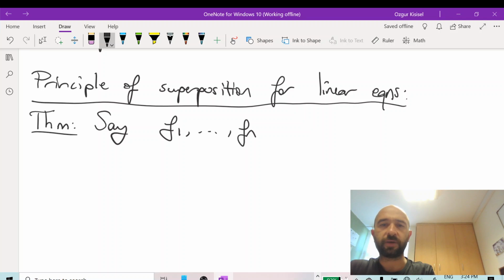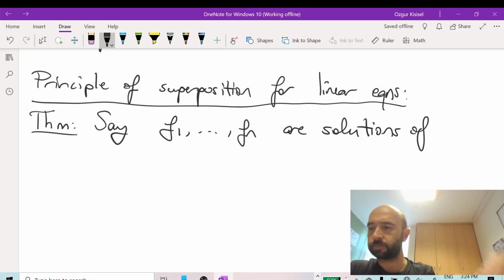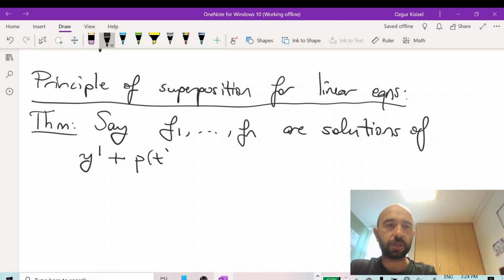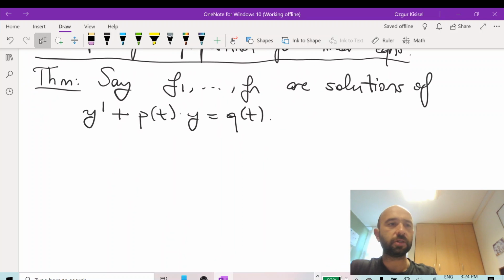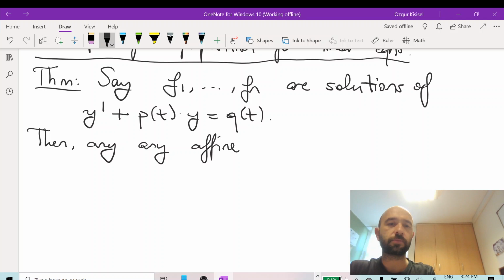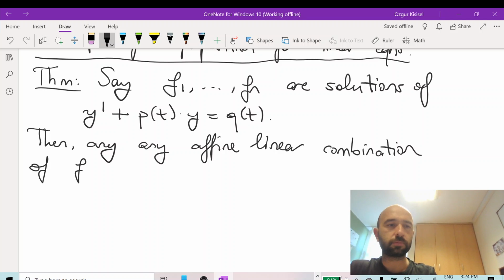Say f1 up to fn are solutions of this linear equation y prime plus p(t) times y equals q(t). Then the theorem claims any affine linear combination of these functions is also a solution.